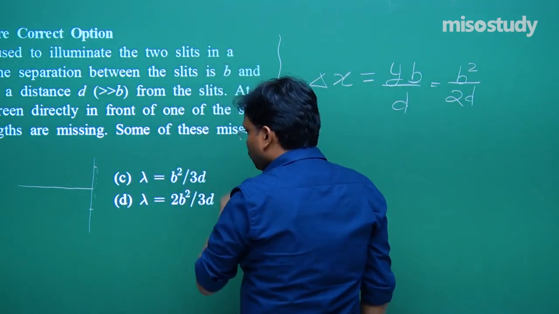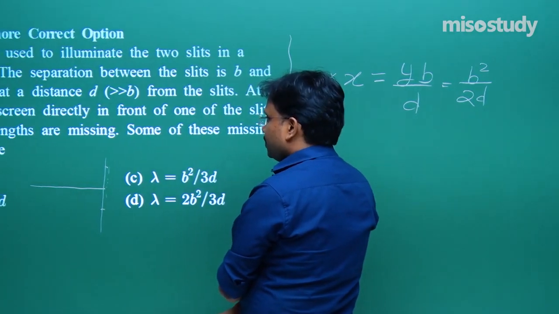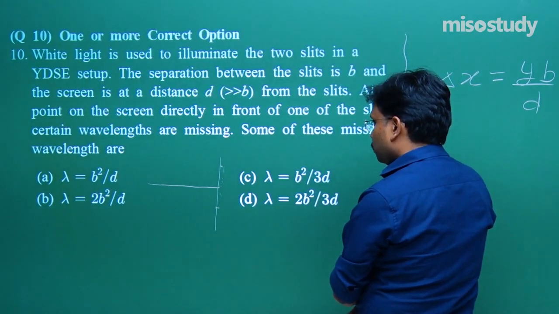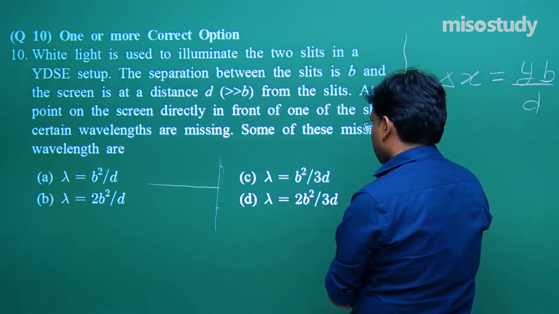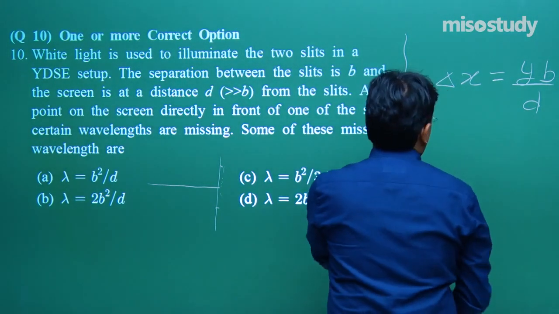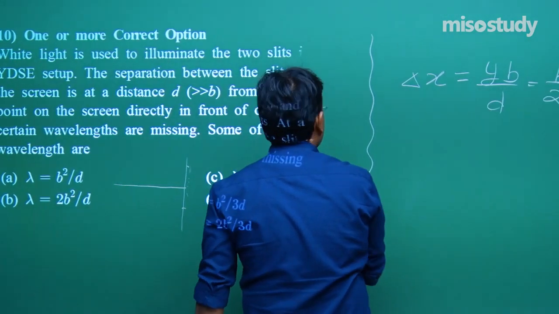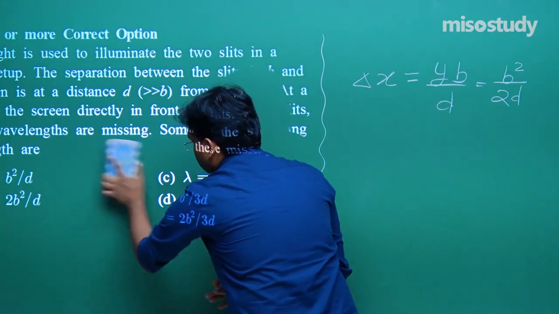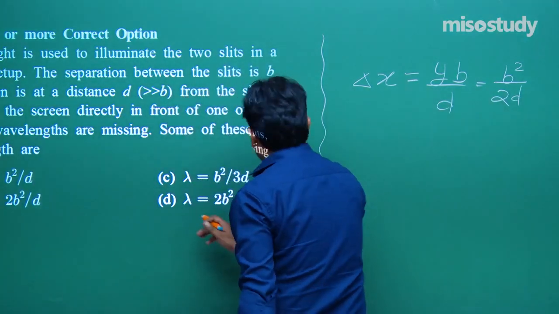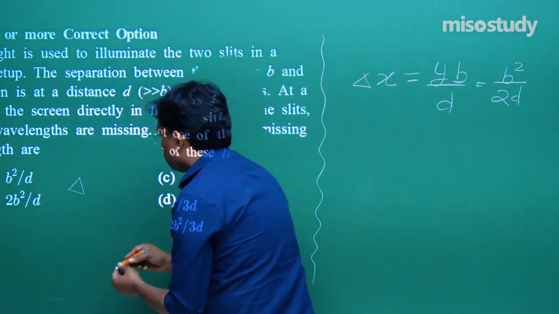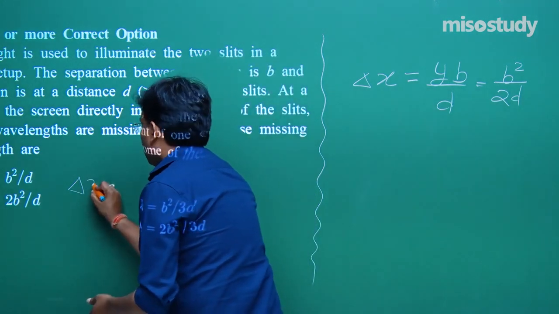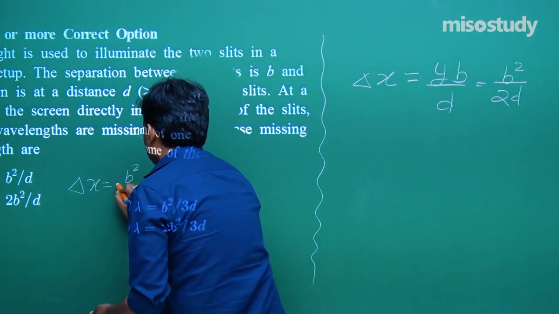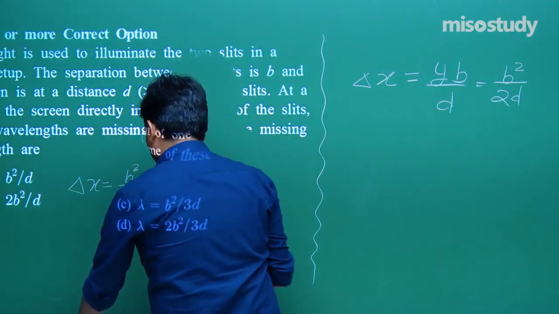So, let us try to find out one result. Sum of these missing wavelengths, lambda is equal to b square upon 2d, as such nothing is matching. It means we have to solve further. Okay, no problem. Let us mention this value over here, that is delta x is equal to b square upon 2d. Fine.